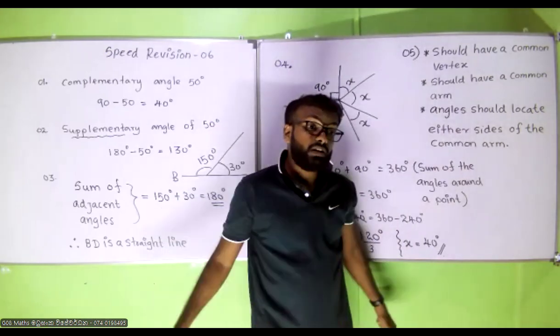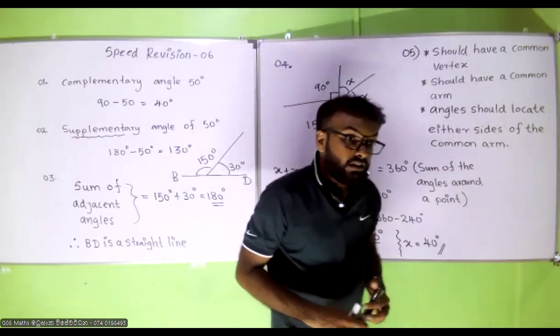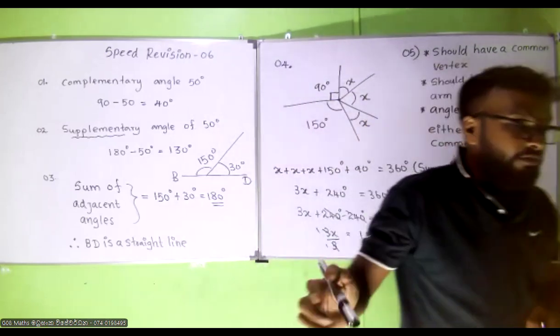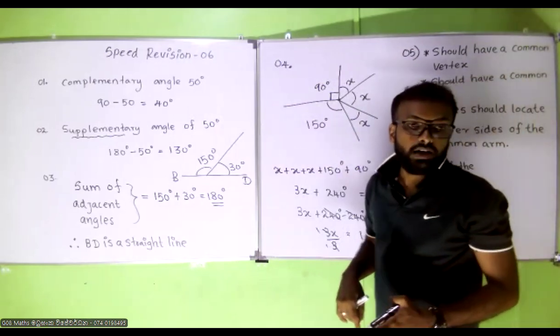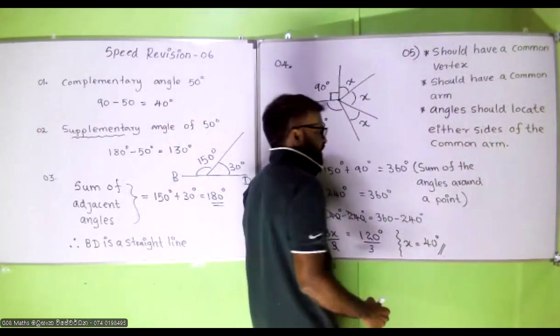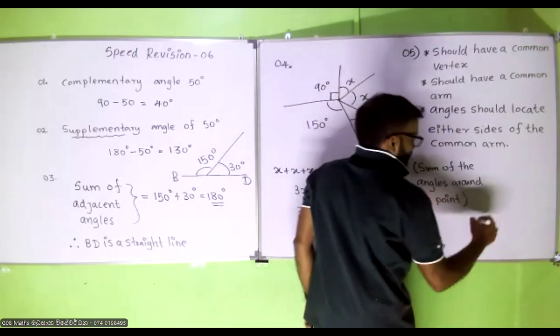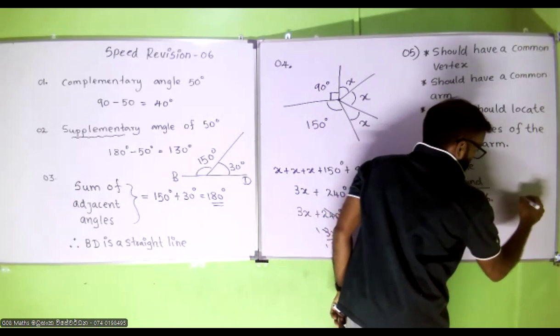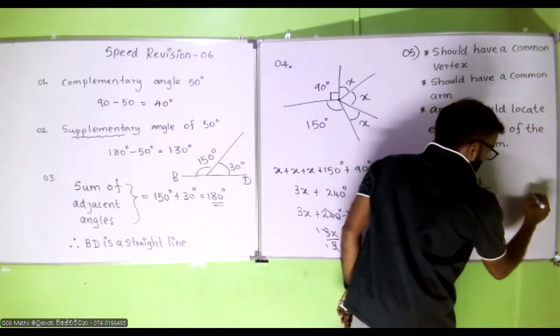And the last one: what is the name given to the angle having a magnitude of 290 degrees? 290 degrees. It is something like this. For example, if I draw a 290 degree angle, it is something like this.